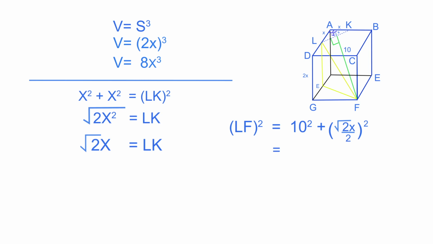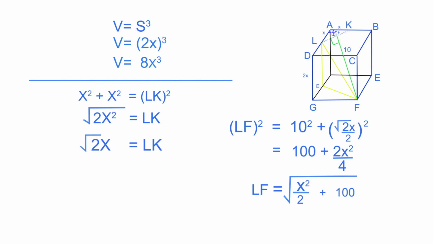So this is 100 plus 2x squared over 4. That would basically be x squared over 2 plus 100, all under the square root sign, is equal to LF. And then I think I only have to do 2 more relationships.